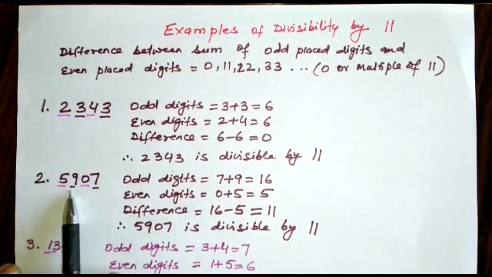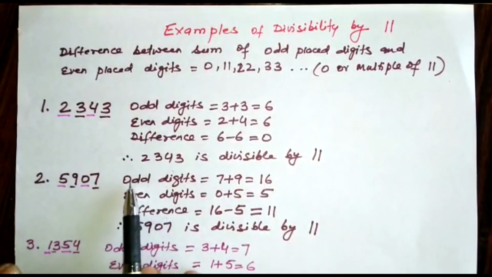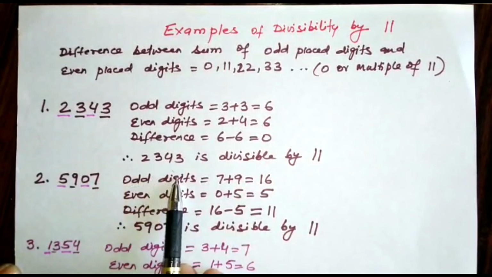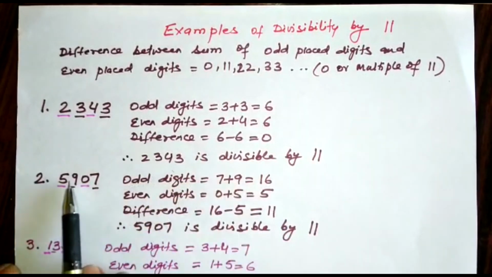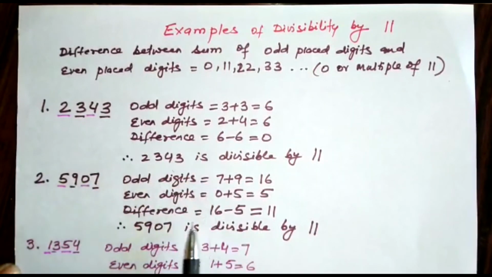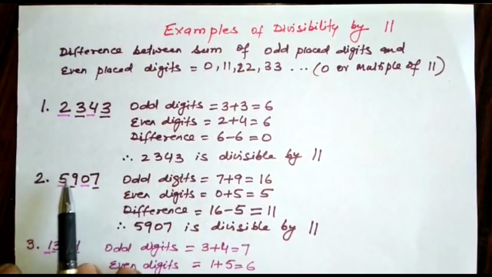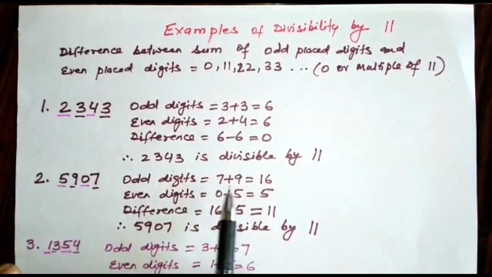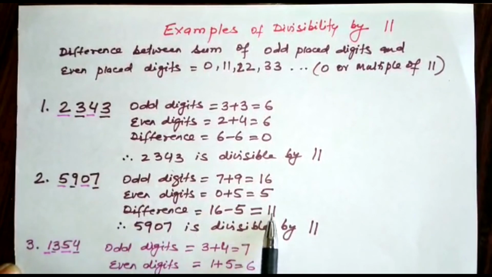Next number 5907. Sum of odd placed digits 7 plus 9, 16. Even placed digits 0 and 5, 5. Difference between these two is 11, which is a multiple of 11. Therefore, the number is divisible by 11.